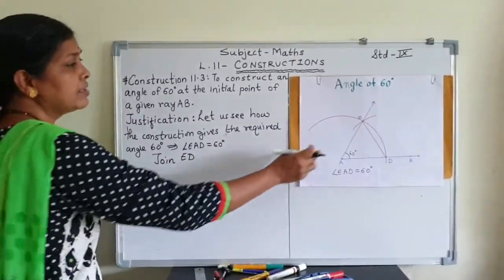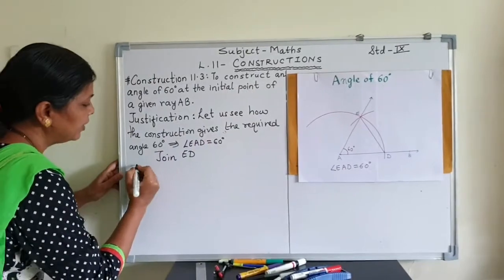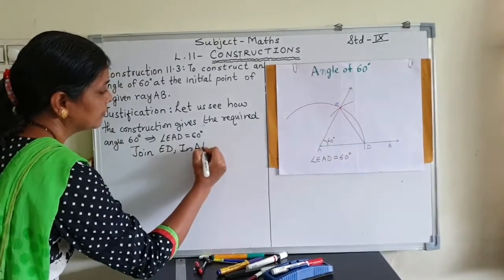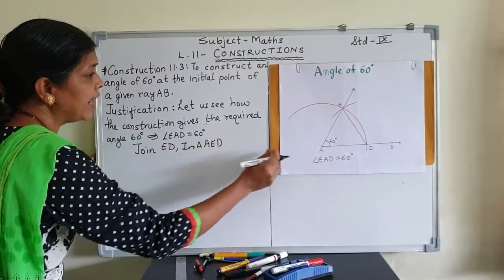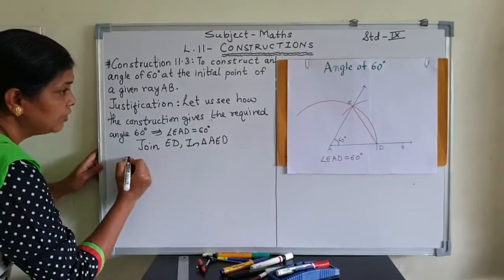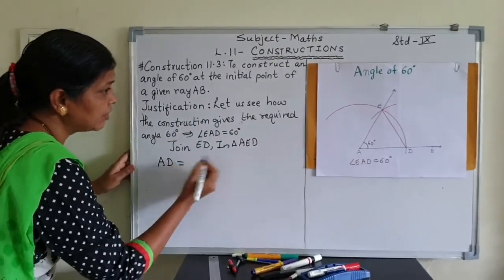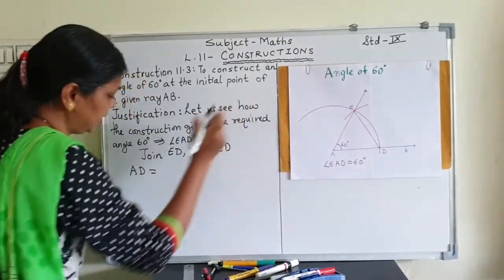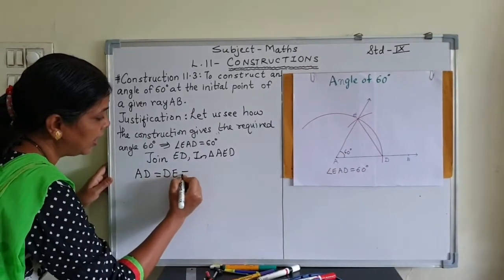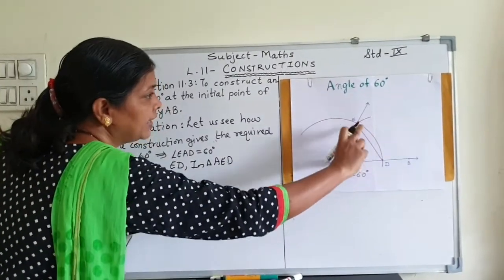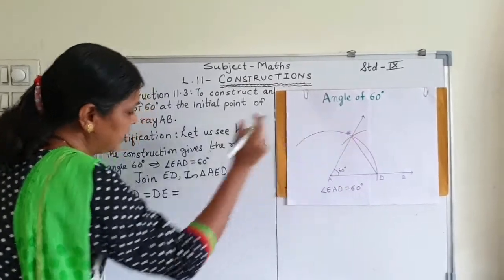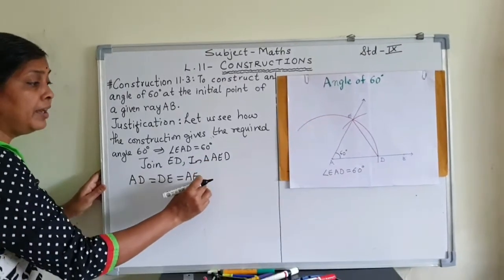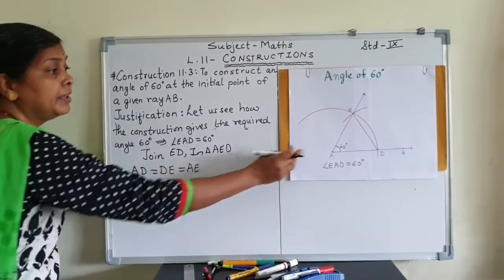Now with this ED joined, we get triangle AED. In this triangle AED, you can see AD is equal to DE, since this arc and this arc are equal, and similarly AE is also equal. So all three sides are equal in length in triangle AED.